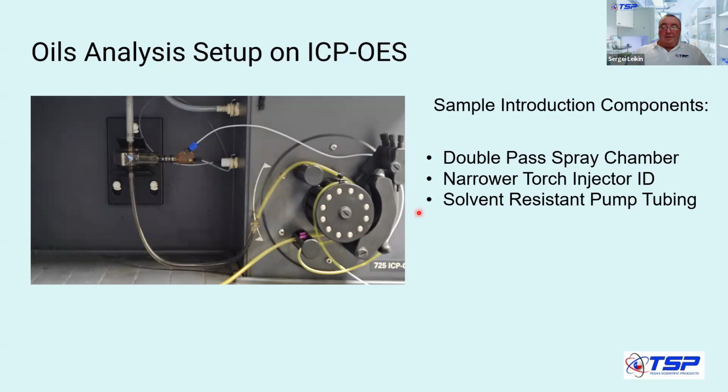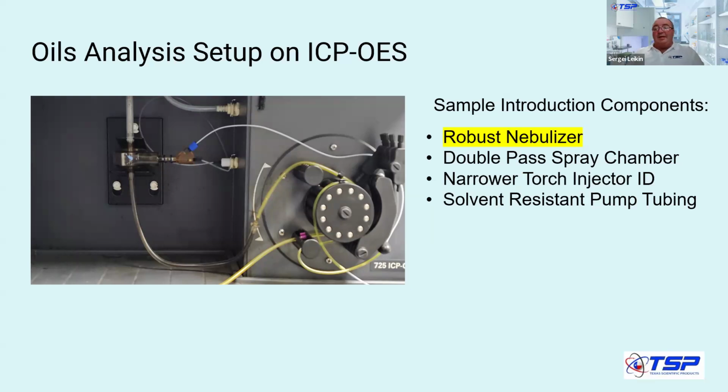Also, one of the key components in successfully running oil analysis is a robust nebulizer. Because when I see on the picture the samples here with particulate and pretty heavy consistency, you definitely need something that can handle it.